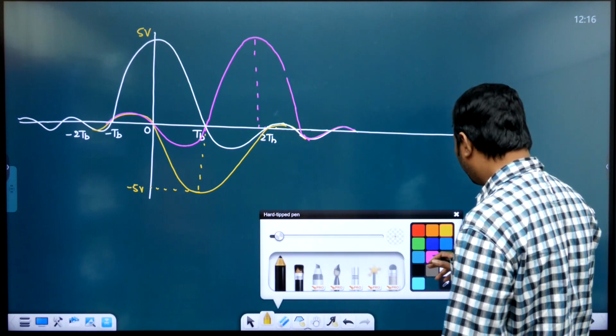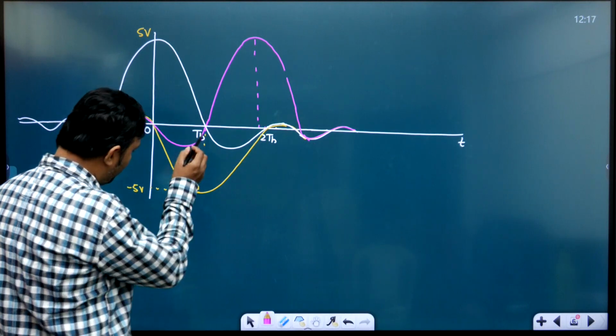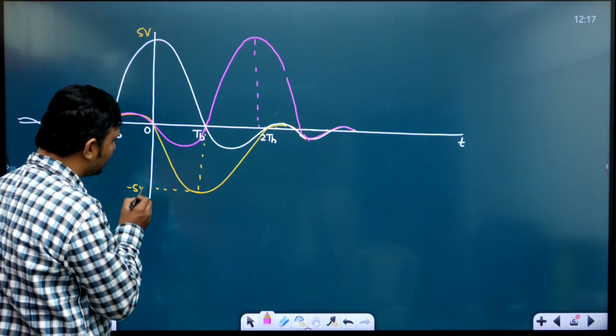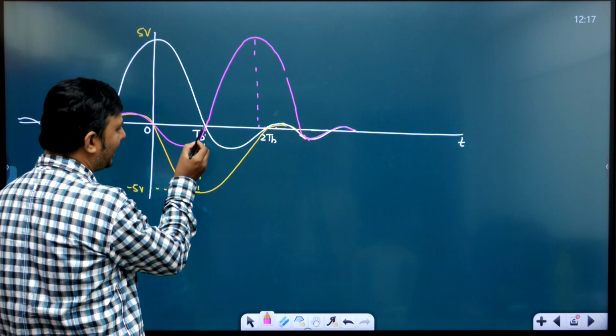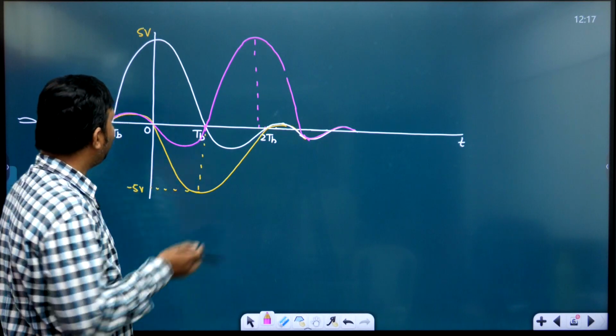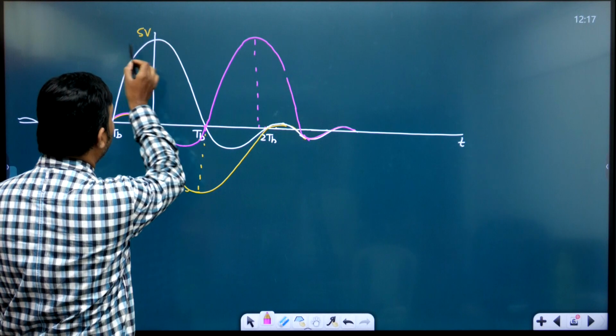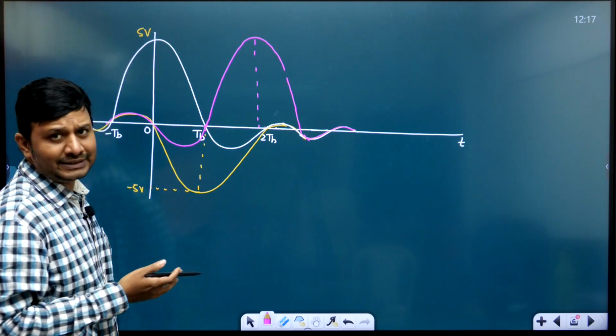Suppose if I am going to sample at TB, I am going to get this -5 volts. Do I have any influence from the adjacent pulses? No, the adjacent pulses are getting nullified at TB. If I am sampling at 0 to make the decision here, do I have any influence from the adjacent pulses?